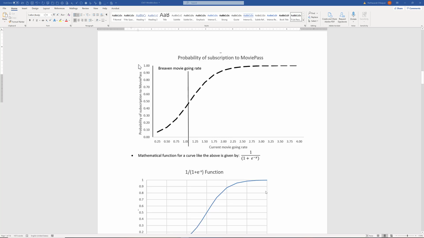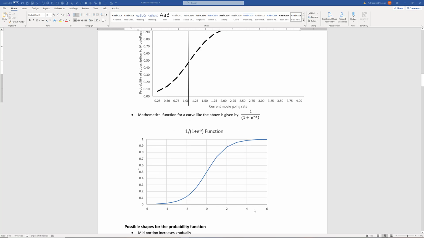As you see, if you assume different values of x and insert them into this function, when x is 0, what you get out of this function is 0.5. If you have a very small negative number for x, then you get a value very close to 0.